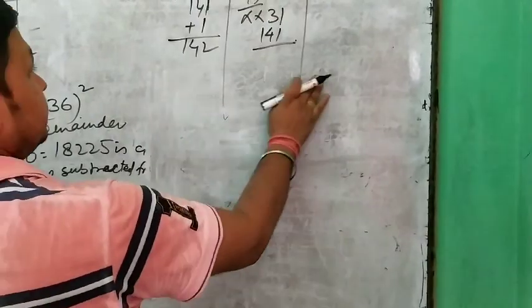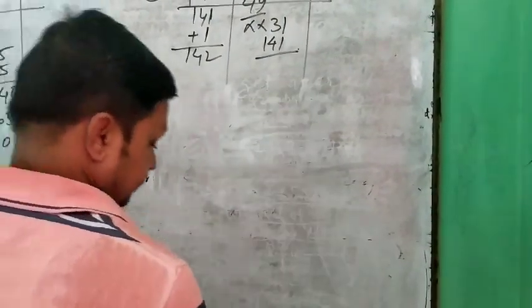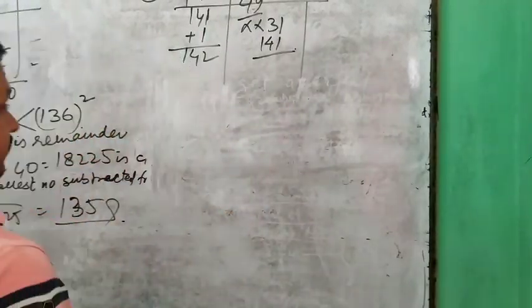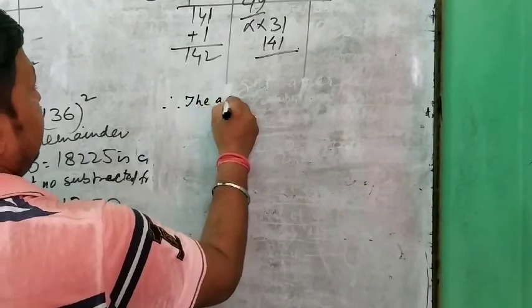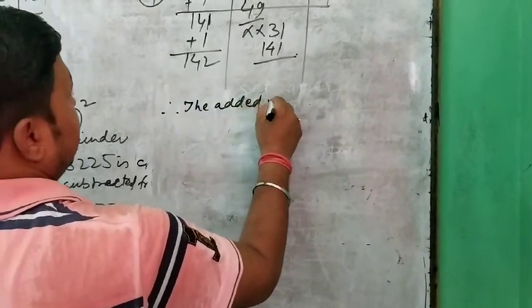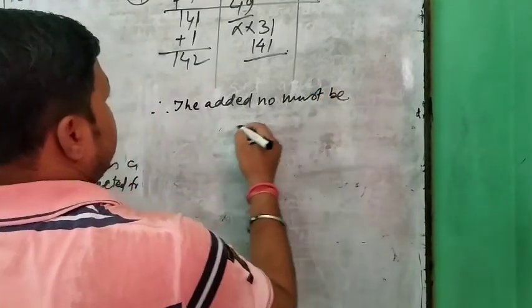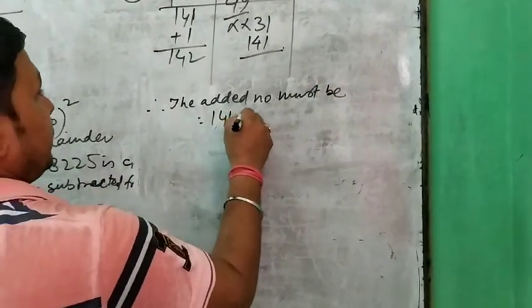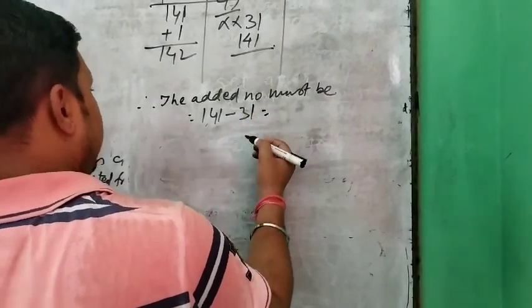So the added number must be 141 minus 31.